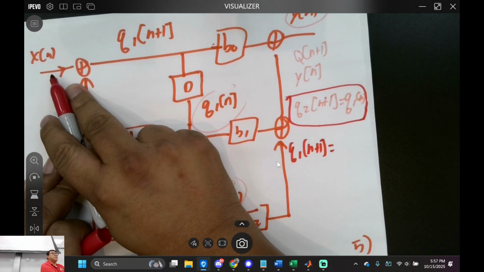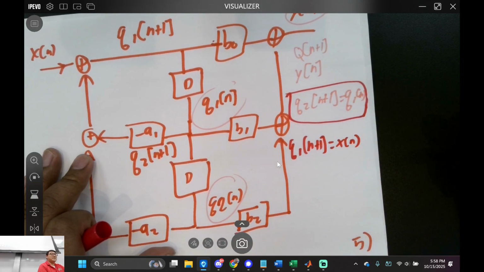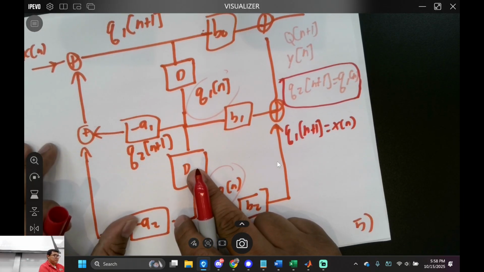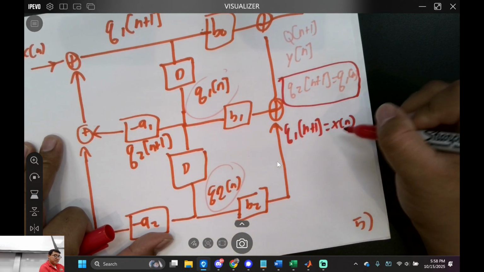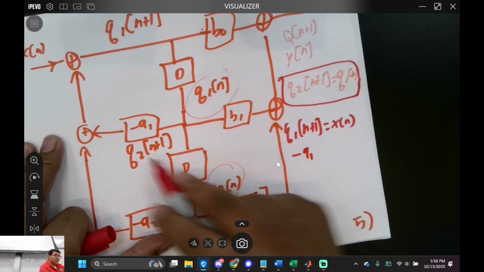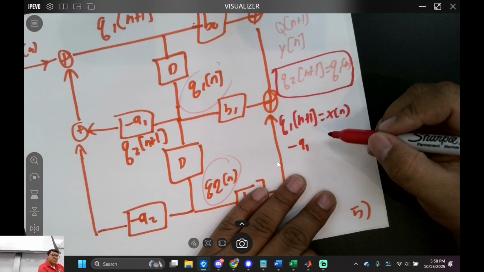It's equal to our input, our current input. Boom, gotcha. Easy. But it equals all these other things right here, right? Let's see. It's going to equal to minus A1, right?